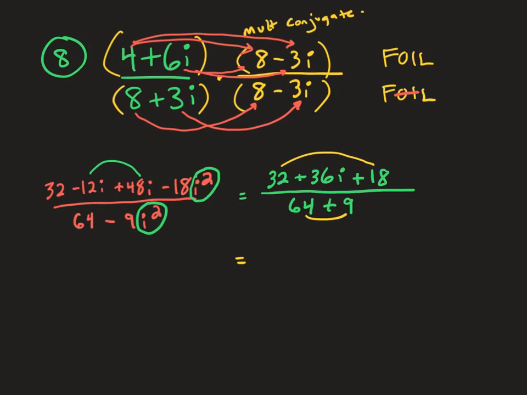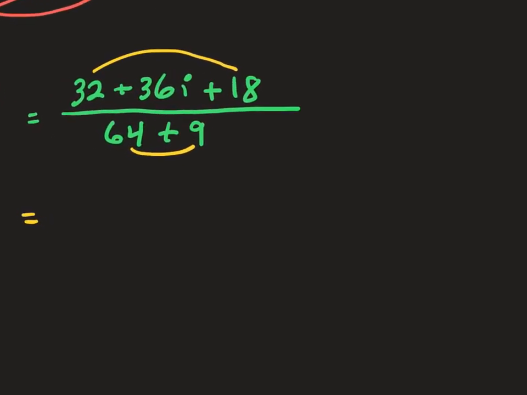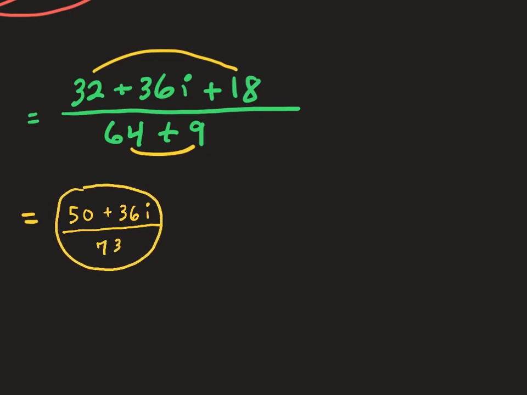Like terms on top and bottom. 50 plus 36i over 73, or they may want you to split all this up where you do something like 50 over 73 plus 36 over 73i.